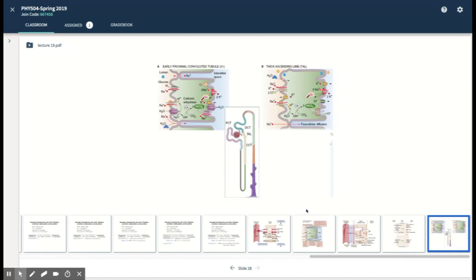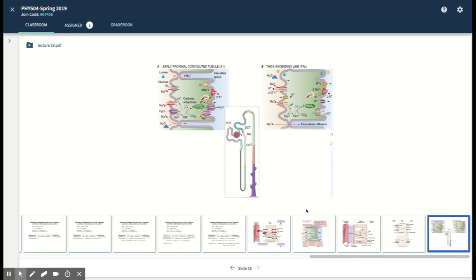Okay, so your proximal tubule is going to reabsorb a lot of sodium. It's going to reabsorb a lot of chloride we're going to see later on as well, but a lot of other molecules are going to be reabsorbed alongside sodium. On your basolateral side, we have a couple of different ways for sodium to get back out. The biggest player is your sodium-potassium pump.